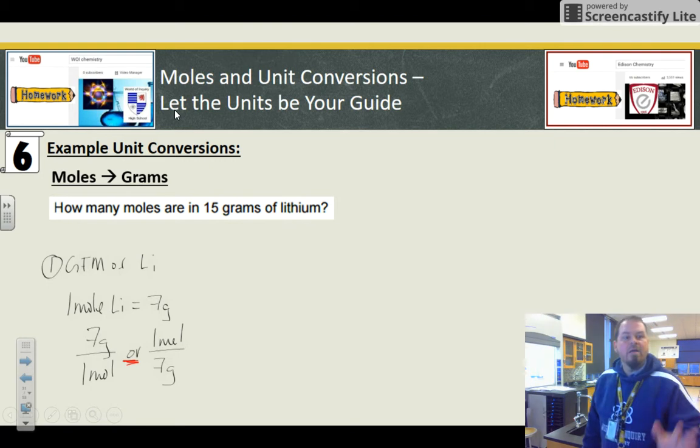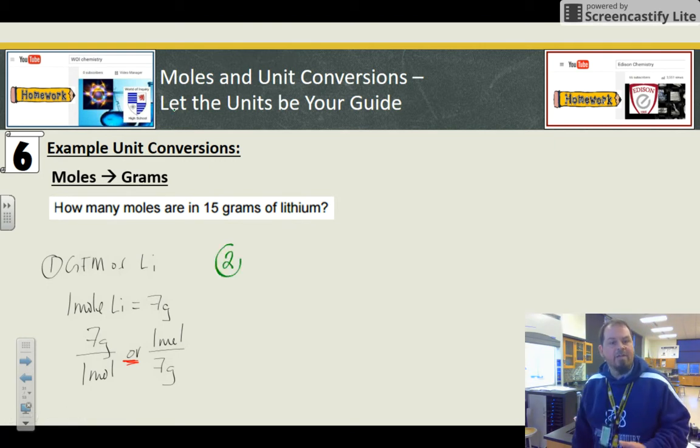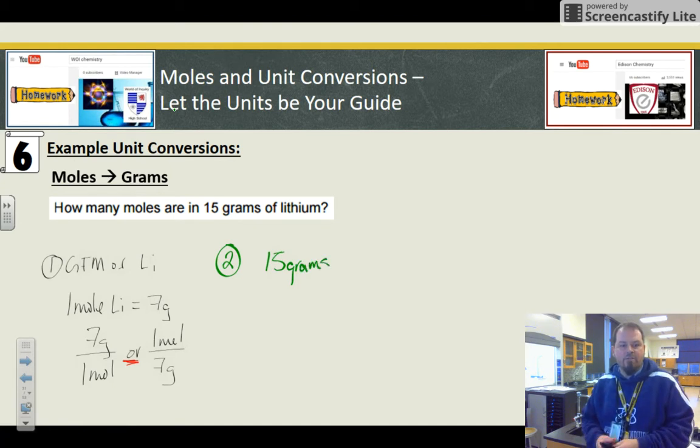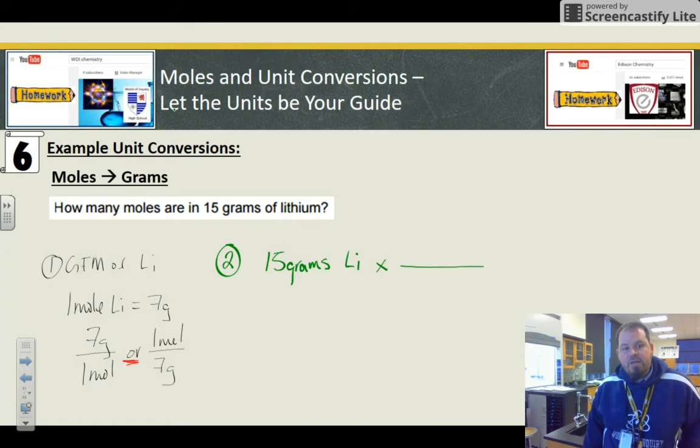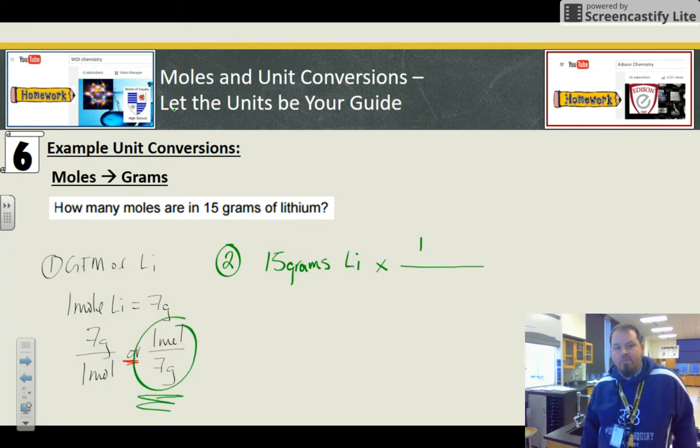Now it says start with what we're given. I'm given 15 grams of lithium. Now, I need to use the conversion factor that has grams of lithium in the denominator so that grams will cancel out. So I'm going to use 1 mole over 7 grams.